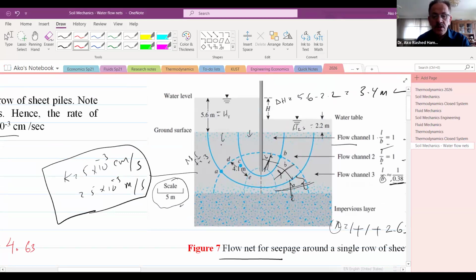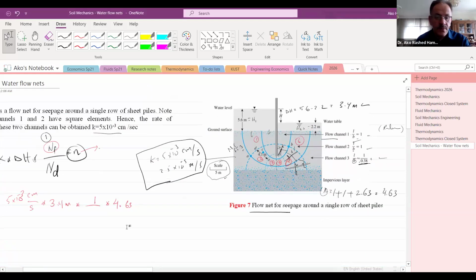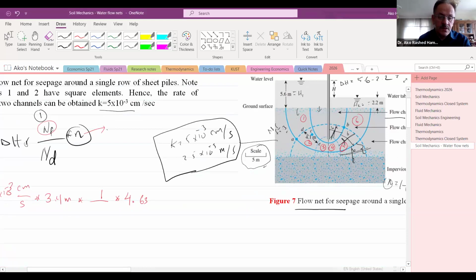Drops means you are going from this side to this side, by how many steps? This is drop 1, drop 2, drop 3, drop 4, drop 5, drop 6. So we have ND, number of drops, is 6.